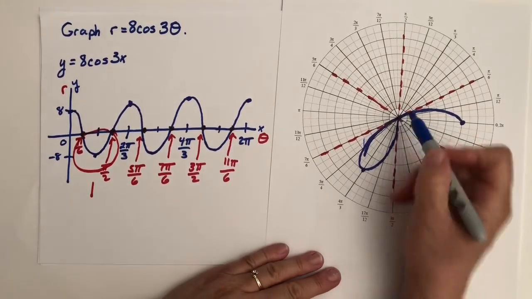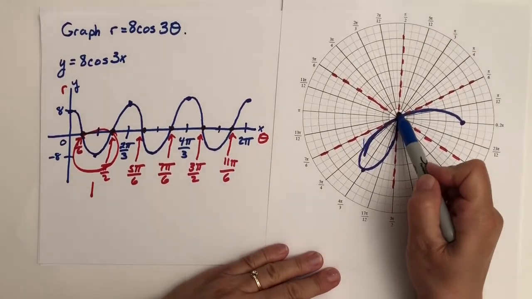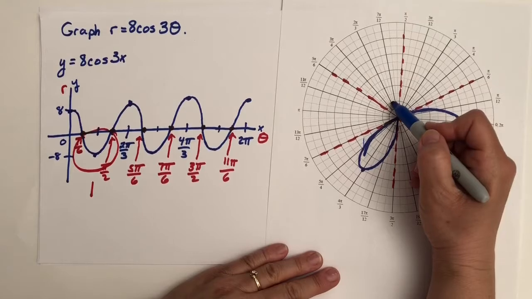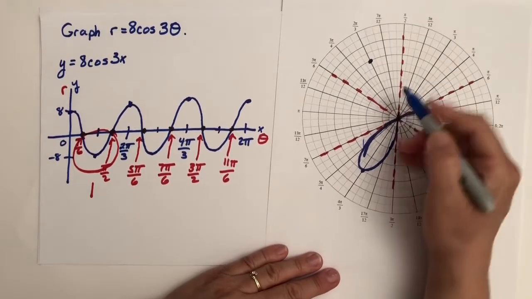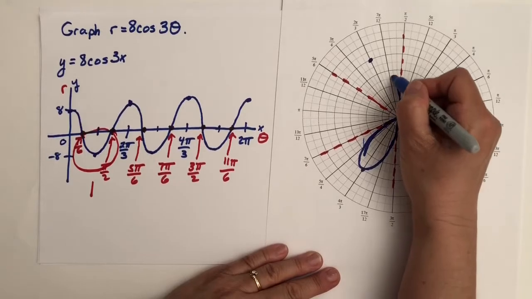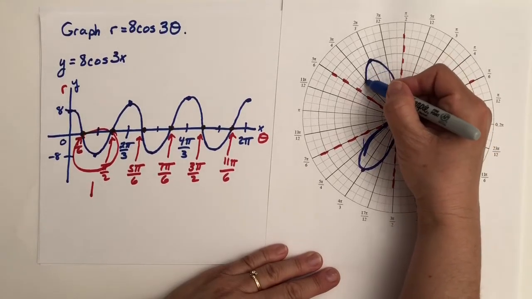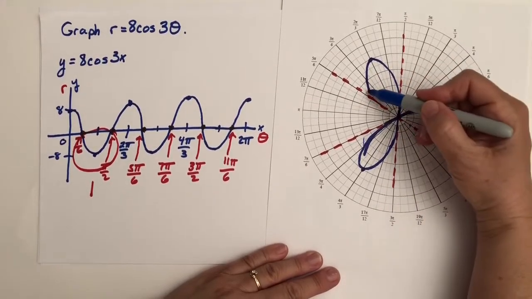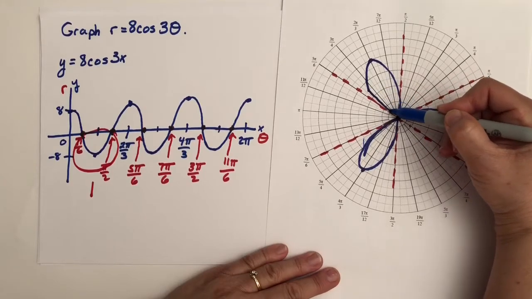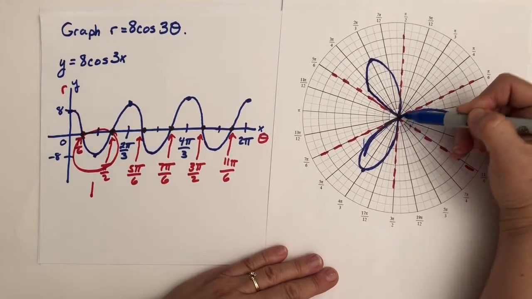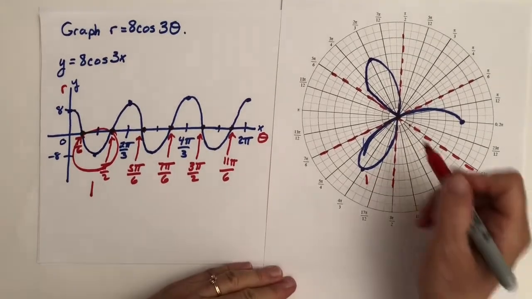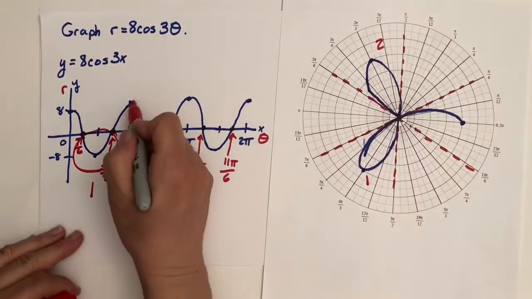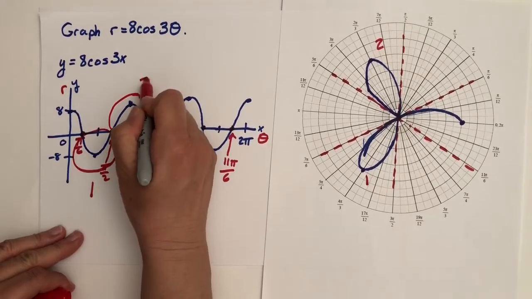So from here, I come along this line, but I'm going out to 8. 2, 4, 6, 8. Going out to 8, and then I come back, and I'm coming along this line when I get close right here. And this was petal 1. This is petal 2 coming from this piece right here.